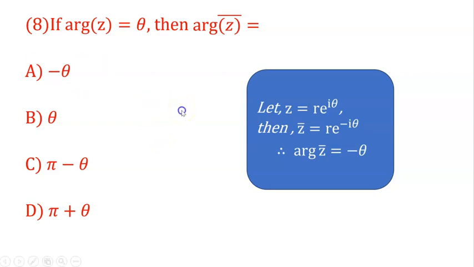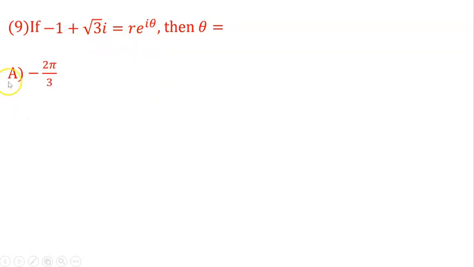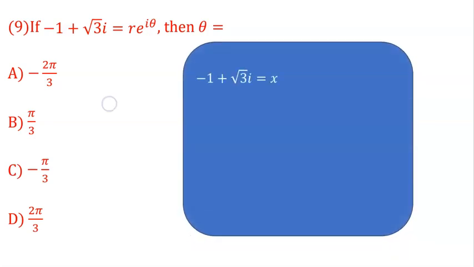Now next, if minus 1 plus root 3 i equals r into e raised to i theta, then theta equals? Option A is minus 2 pi by 3, B is pi by 3, C is minus pi by 3, and D is 2 pi by 3. Now see this here: minus 1 plus root 3 i equals x plus iy.